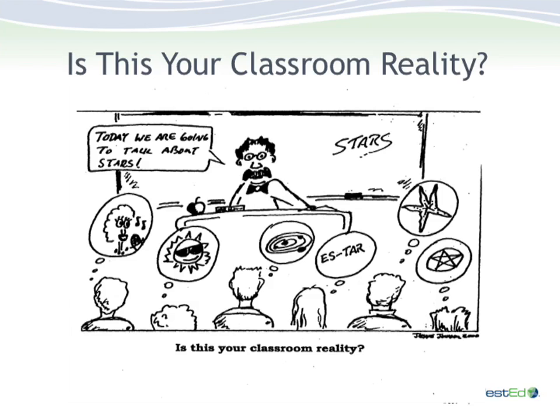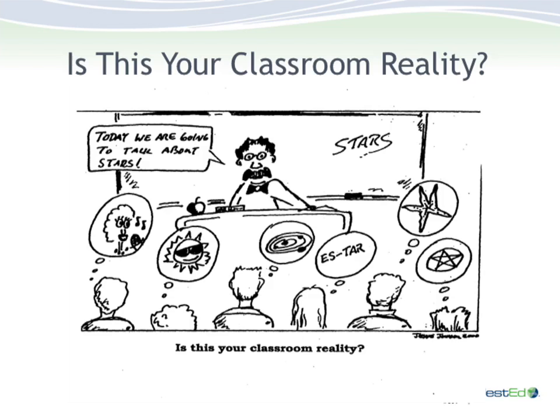Is this your classroom reality? If you look at this cartoon, you'll notice that the teacher says, today we're going to talk about stars. But if you look at the students, each of their schema bubbles shows something different. And that is really what we're all dealing with today when we perhaps talk about a particular subject or content or even speak a certain word.